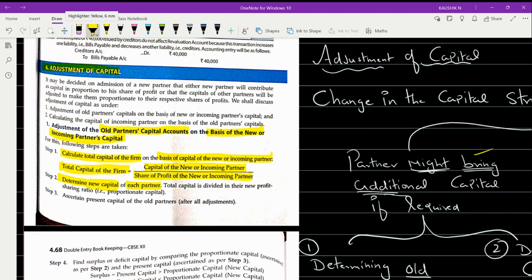That means what should be the new capital of the old partners. So how are you going to derive this? Now you have got the total capital of the firm, which should be divided by the new profit sharing ratio of each and every partner.